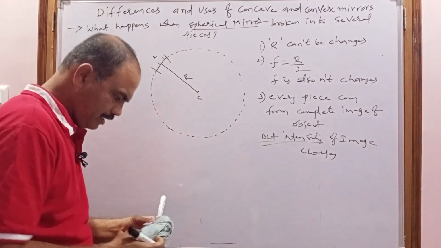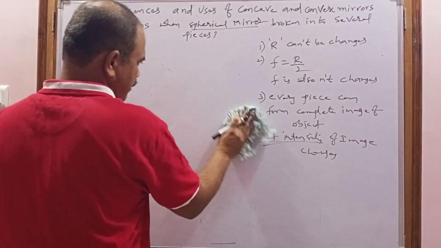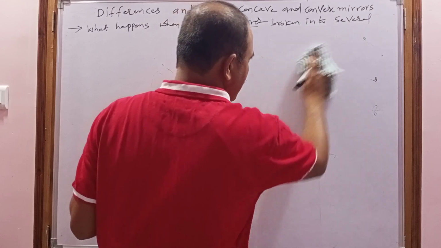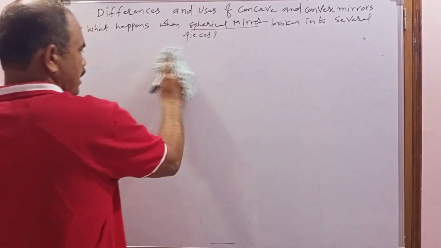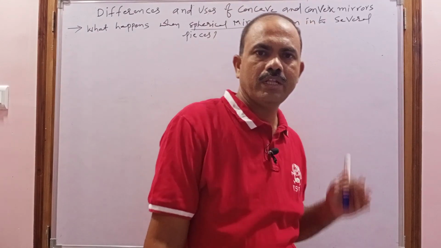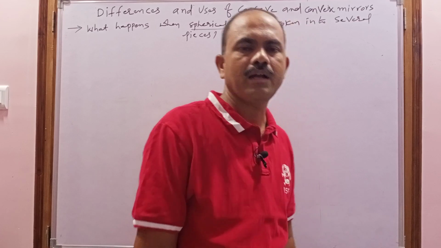And the next important question: when a concave mirror or convex mirror is kept in water, or kept in kerosene or oil, whether the focal length, the radius of curvature or the image will change or not.